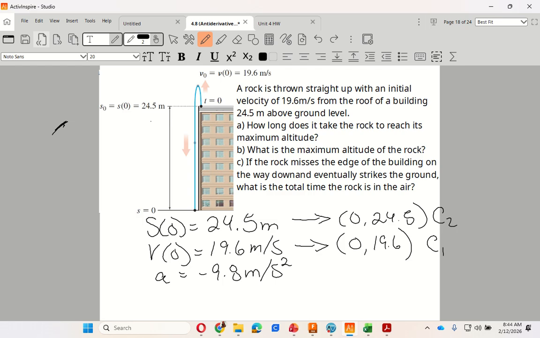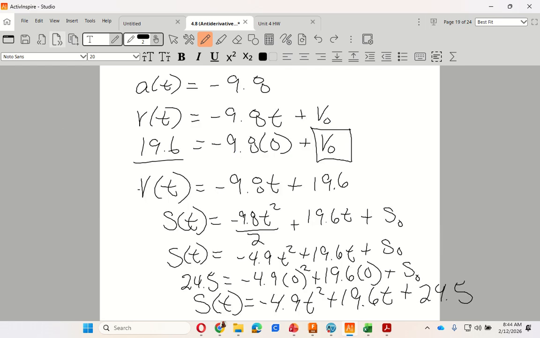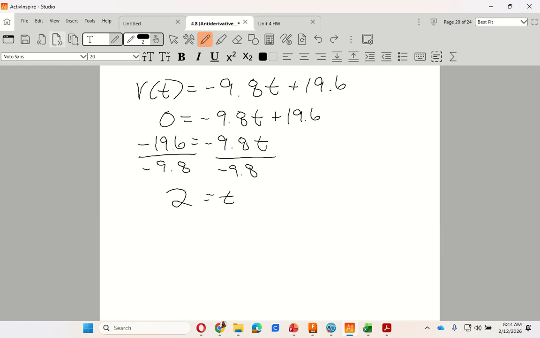I need to use that information, plug it into my position function. So I'm going to do s of 2 is equal to negative 4.9 times 2 squared plus 19.6 times 2.